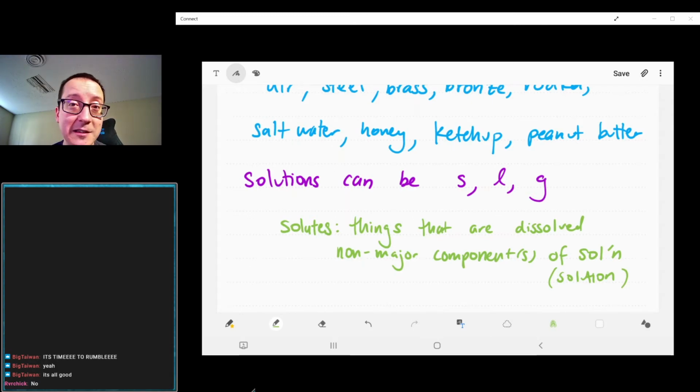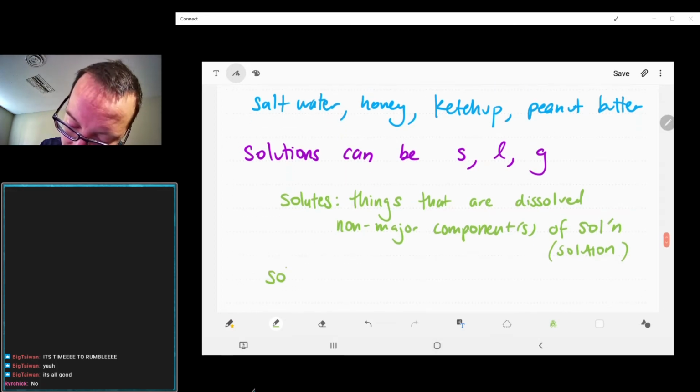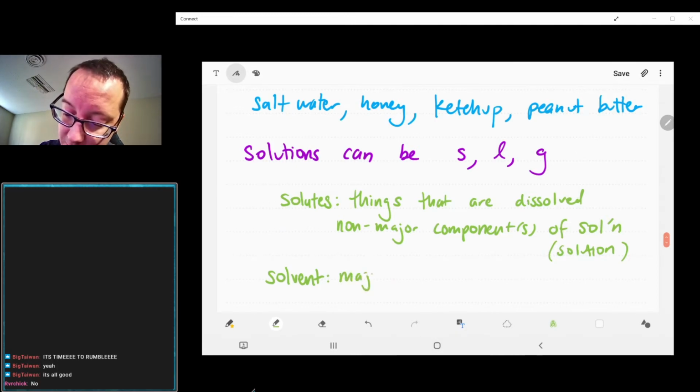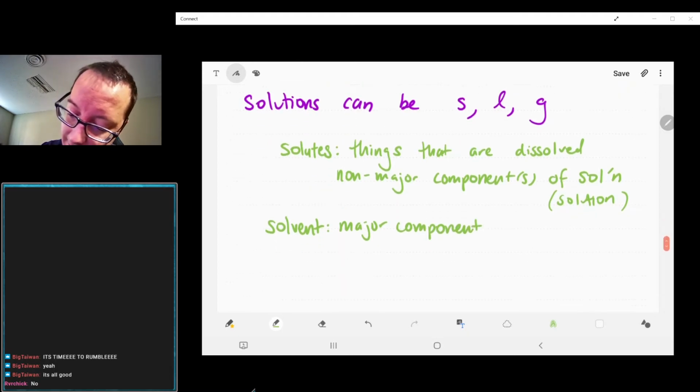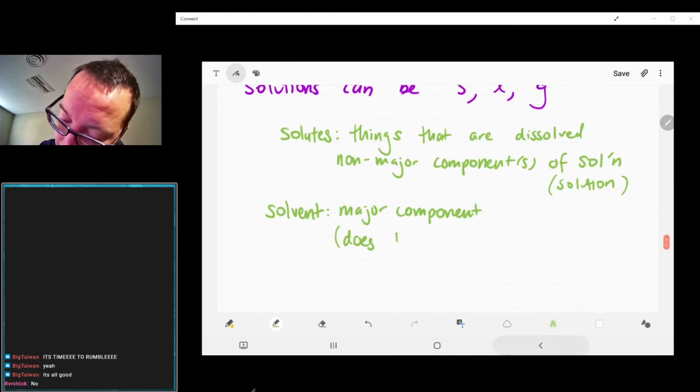You can have as many solutes as you want. In fact, many solutions have hundreds of solutes, and that's pretty common. If you were to take a cell and blend it up, you would have thousands of different solutes in there. However, we can only have one solvent, and that is always the major component, and it does the dissolving.